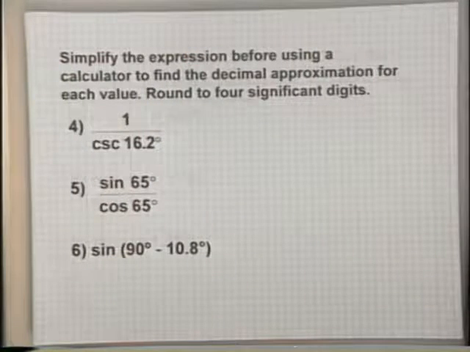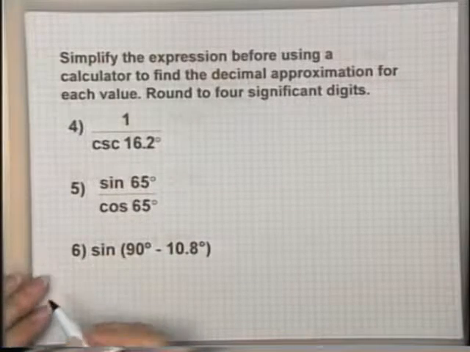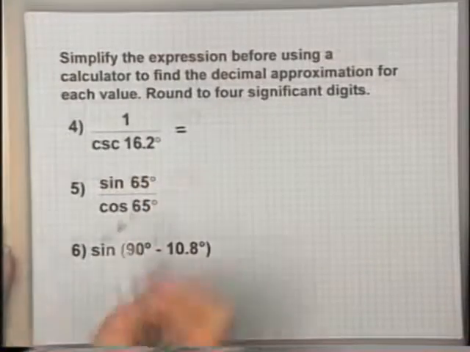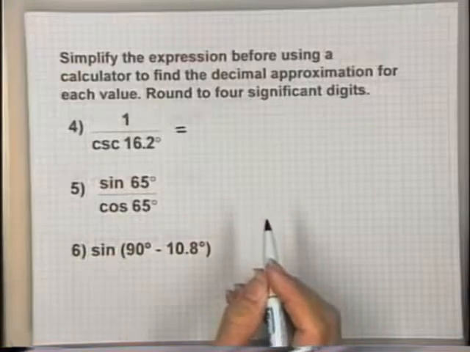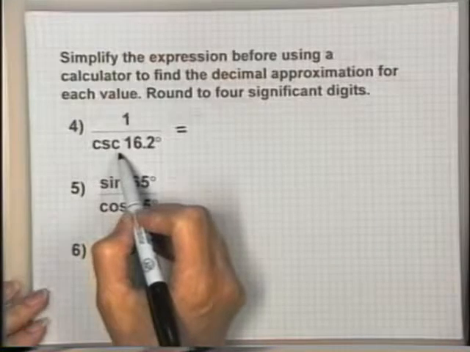Now, let's look at some problems where we need to know a little trig before we use our calculators. It says simplify the expression before using a calculator to find the decimal approximation for each value, round to 4 significant digits. Well, in this case, it's much easier to simplify first because our calculator doesn't have a cosecant button.